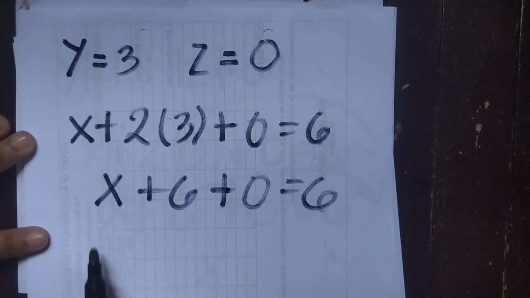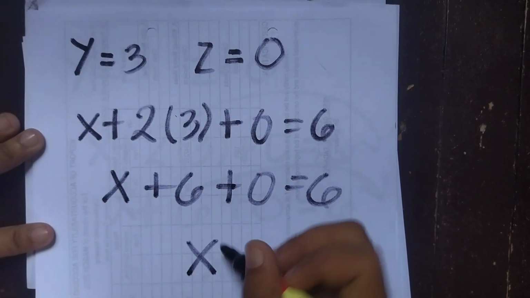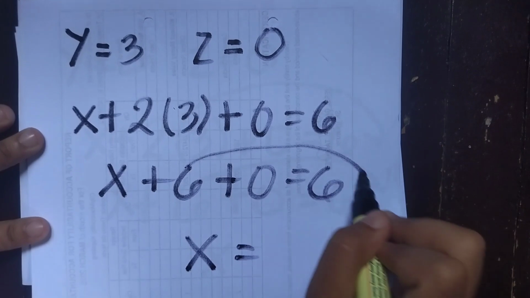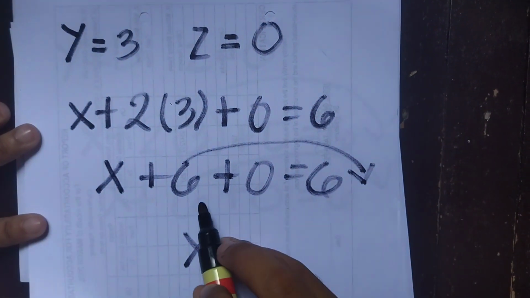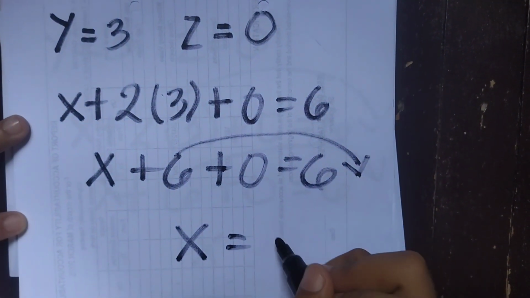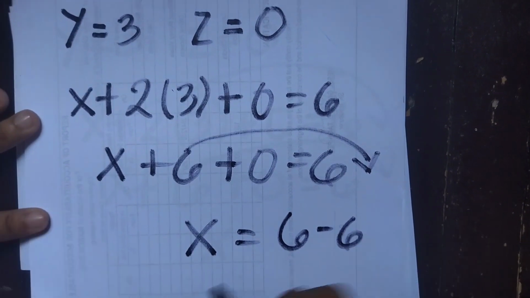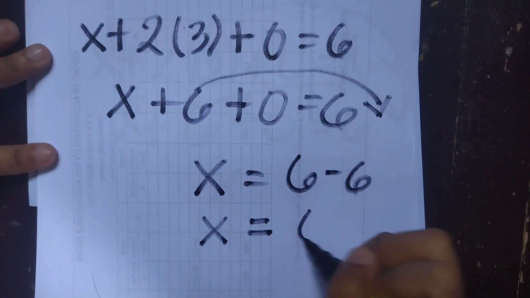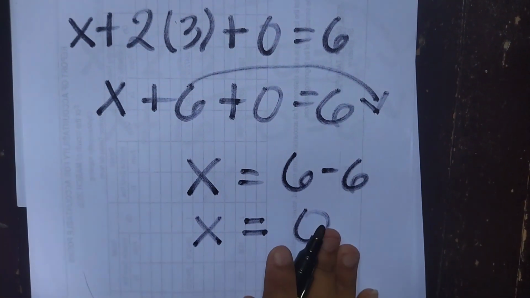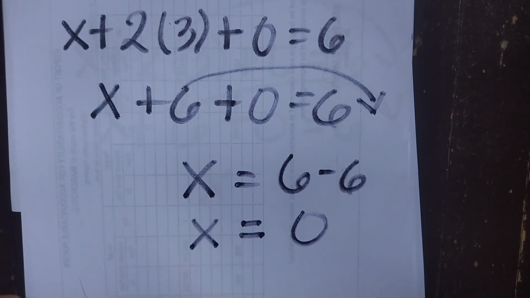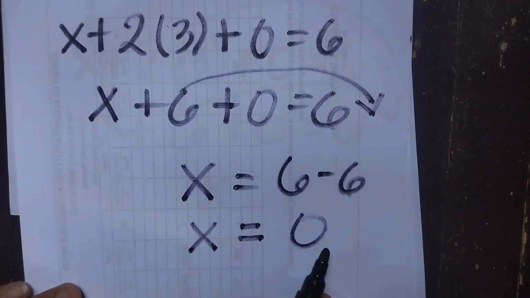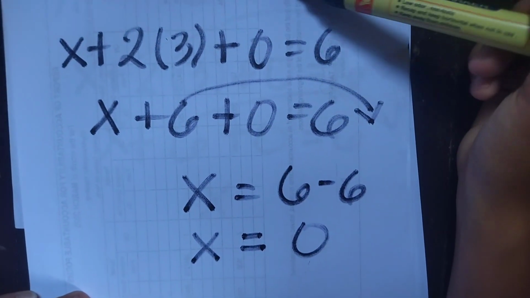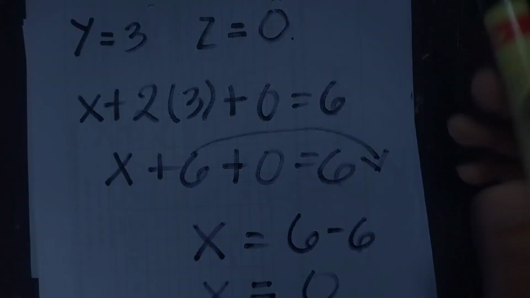So, ato lang para si x ang mabilin, atong ibalhin si 6 sa pikas. So, the positive 6 will become a negative 6. Sige, balhin man nato siya diri, the other side. So, 6 minus 6. So, our x now is 6 minus 6 is 0. So, now, nakuha na nato ang value sa x, y, and z: x is 0, y is 3, and z is 0.